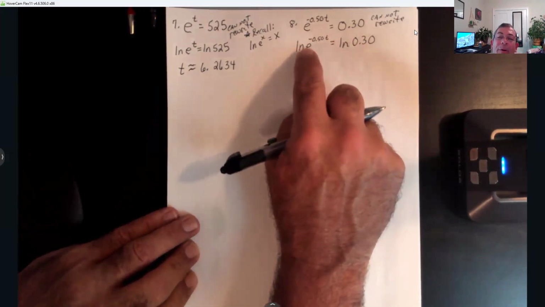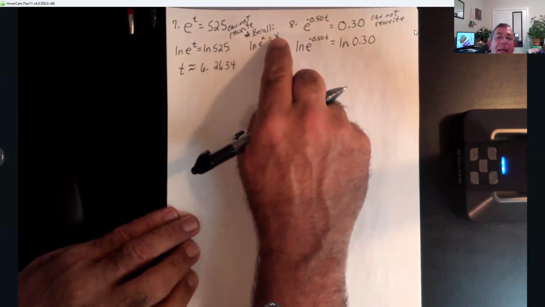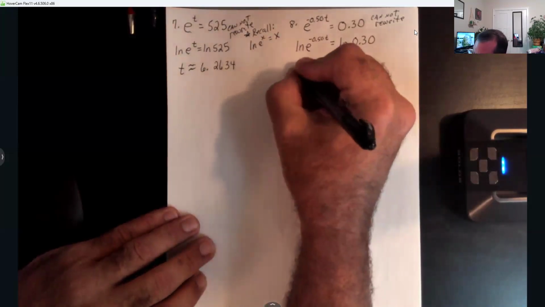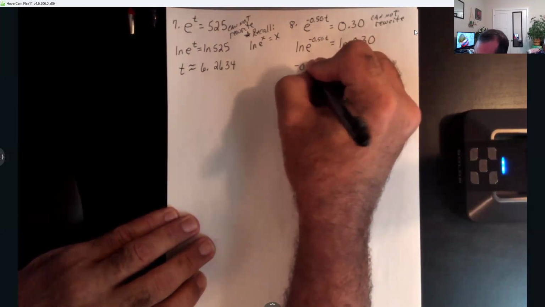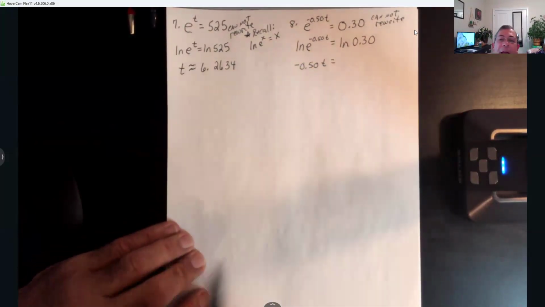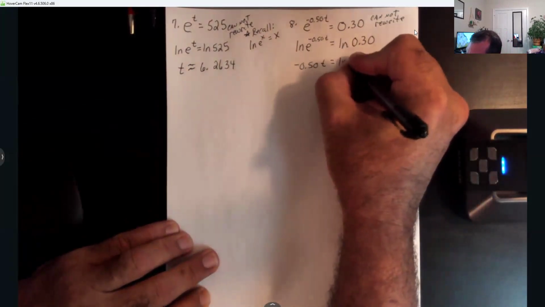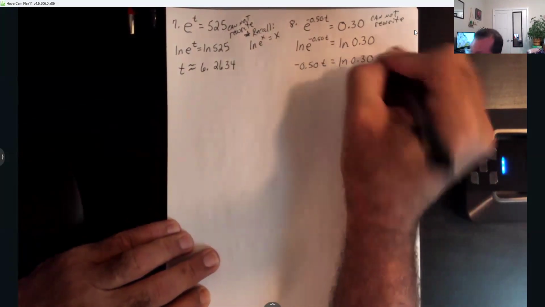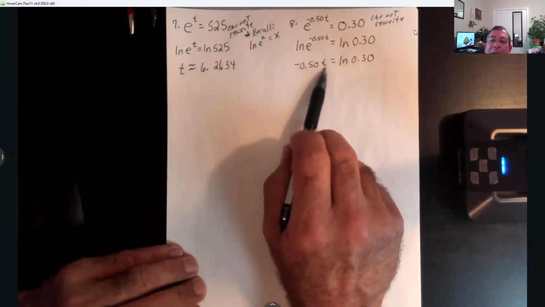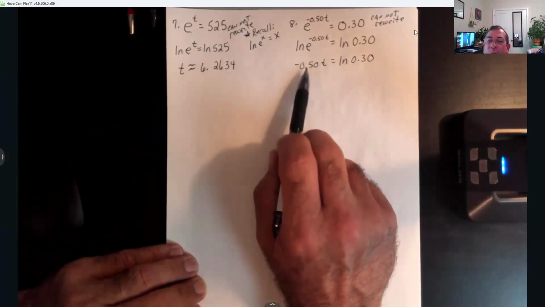Because remember, this goes back to this case, ln of e to the x equals x. So ln of e to this big x still equals the negative 0.50t. Then bring down my ln of 0.30. Now I've got a little more work on this one because I need to divide both sides by that negative 0.50.